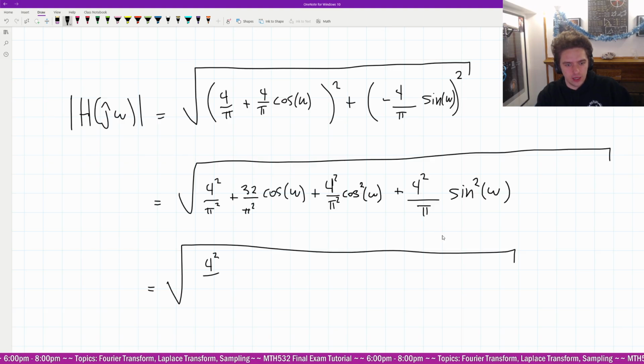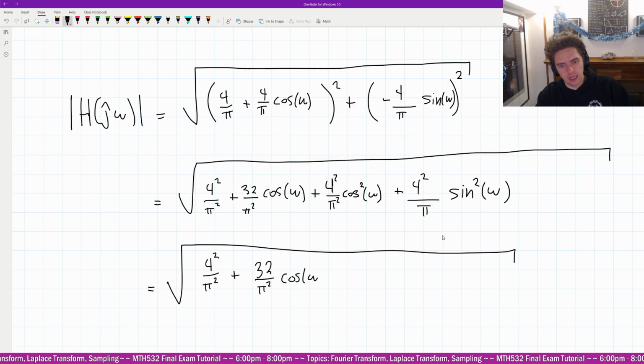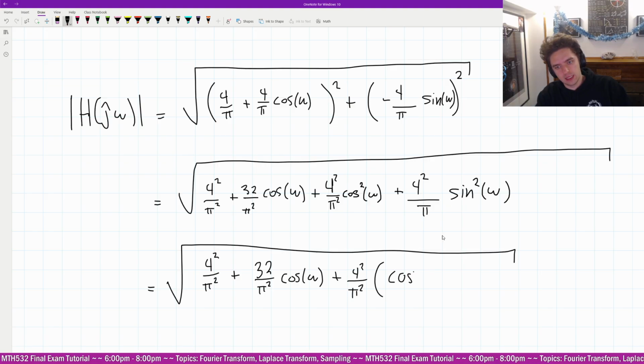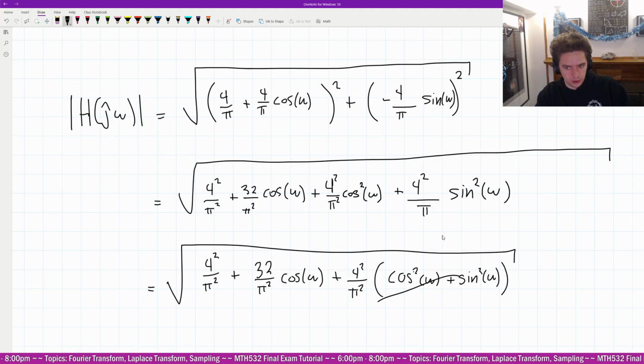Because it's going to be 4 squared over pi squared plus 32 over pi squared cosine omega. And then I'm going to factor out 4 squared over pi squared, and it's just going to be cosine squared omega plus sine squared omega. This is just 1.